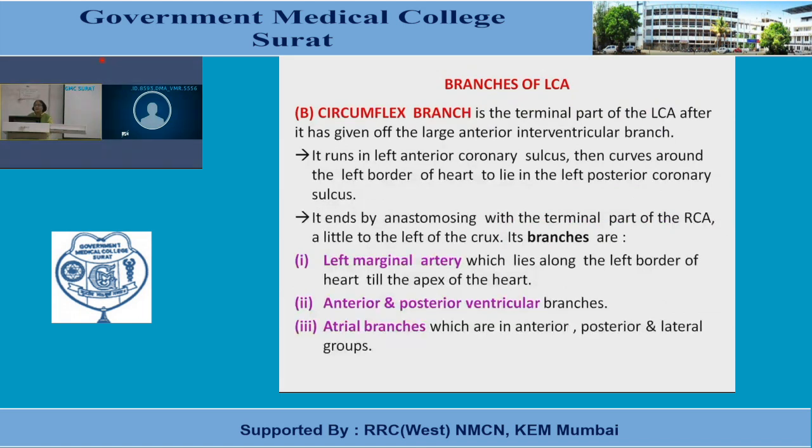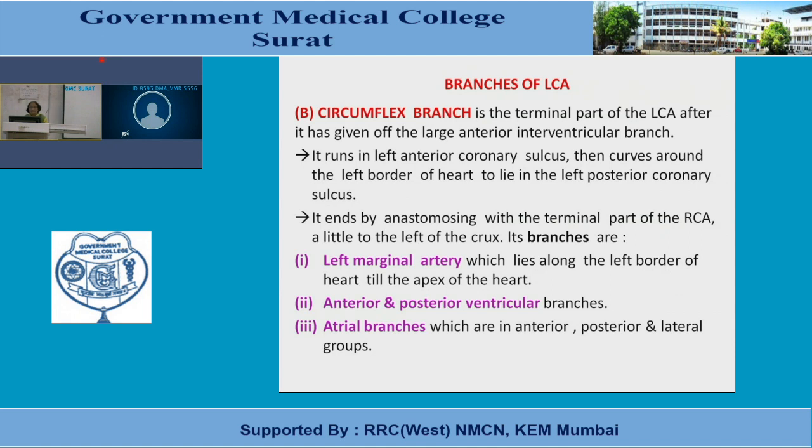Another major branch is the circumflex artery, the terminal part of the left coronary artery after it has given off the large anterior interventricular branch. It runs in the left anterior coronary sulcus, then curves around the left border of the heart to lie in the left posterior coronary sulcus. It ends by anastomosing with the terminal part of the right coronary artery, a little to the left of the crux.